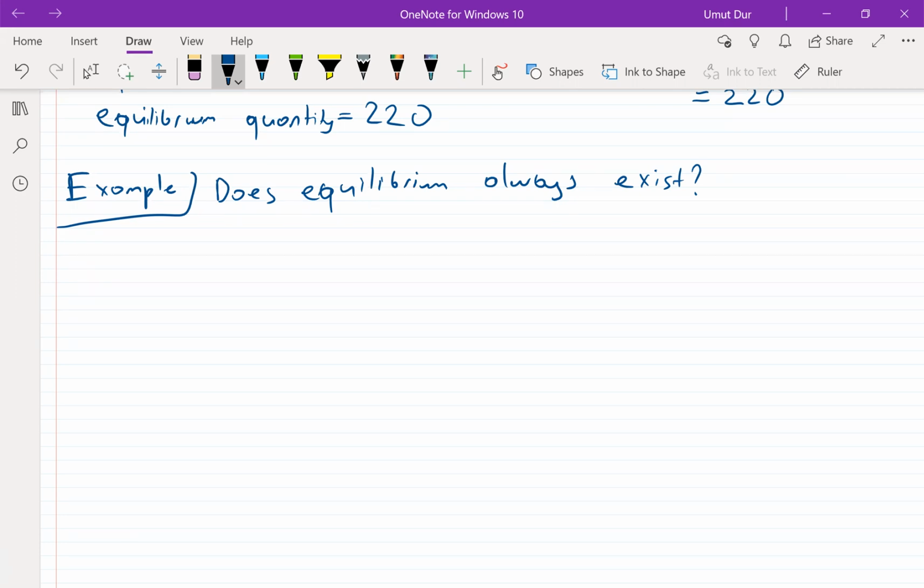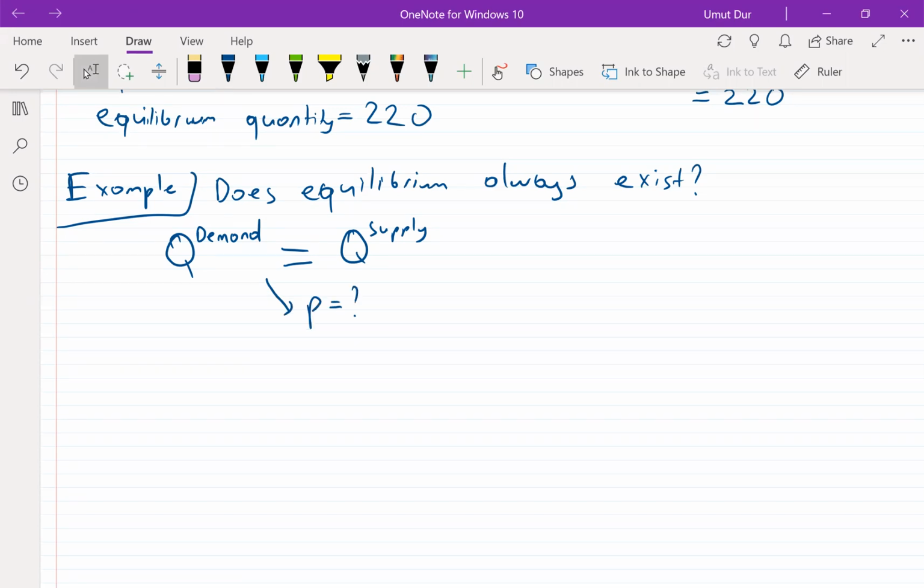We have the quantity demand function and we have the supply function. Whatever we are given, for the sake of simplicity, you will just equalize them, and this will give you a price.